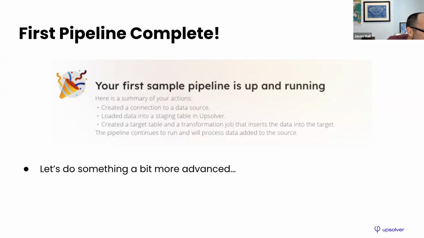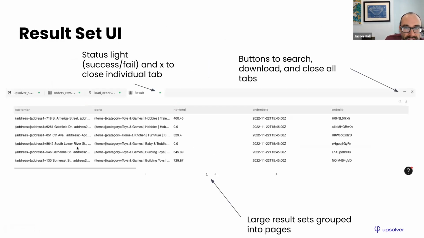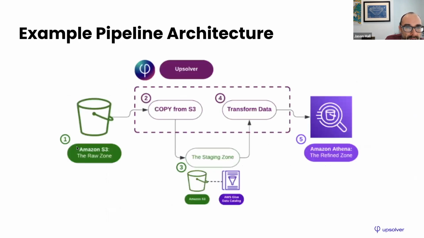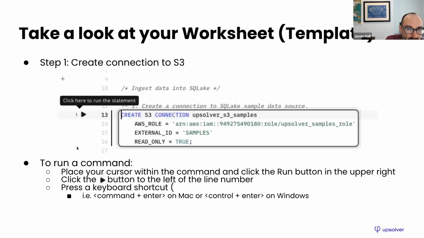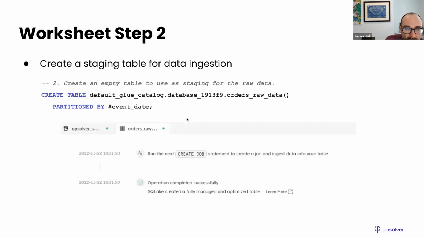There's a question there about where did you enter source and target info? If you go back and think about the pipeline, the source of this pipeline was the S3 data that we're reading from. We created a connection to S3 to read data from, and then a copy from job to copy data from S3 into this raw data table.